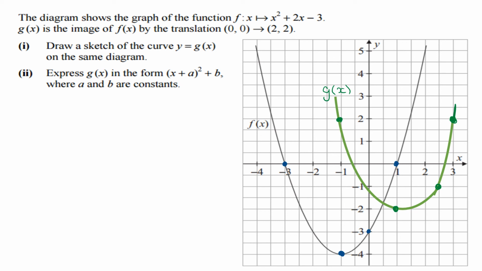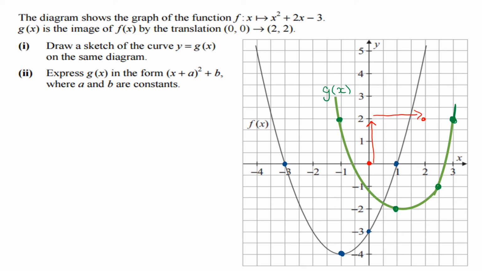Let's look at using the translation to create g of x. Now, the translation is, again, I'm going to show it here using the point that they gave us, 0, 0, and 2, 2. It moves up 2 and to the right 2.